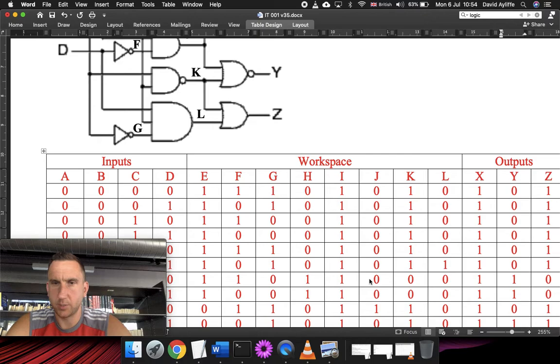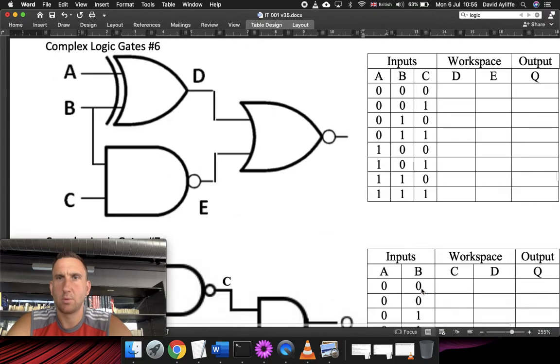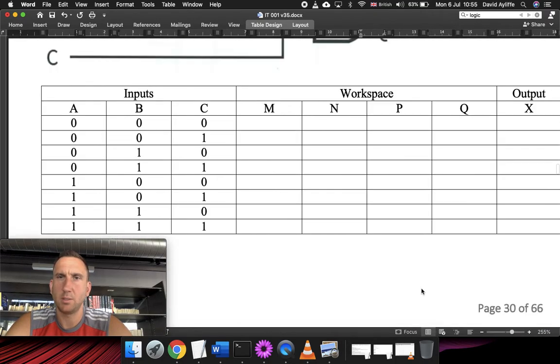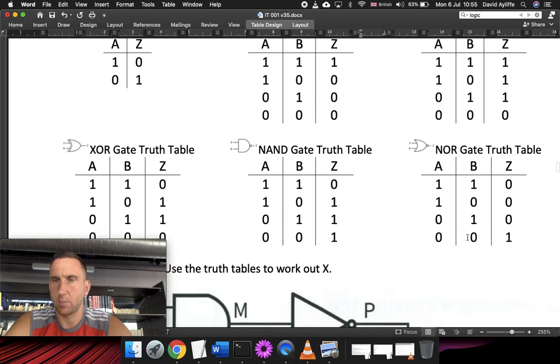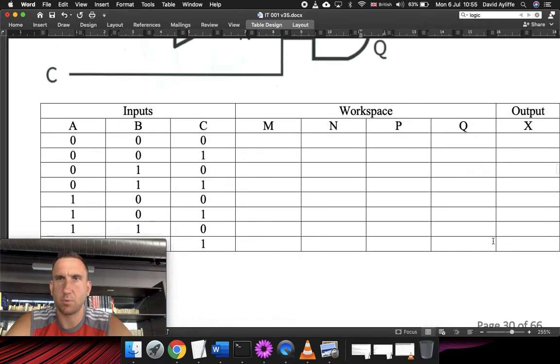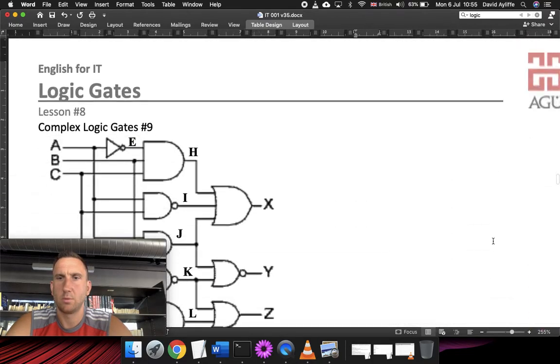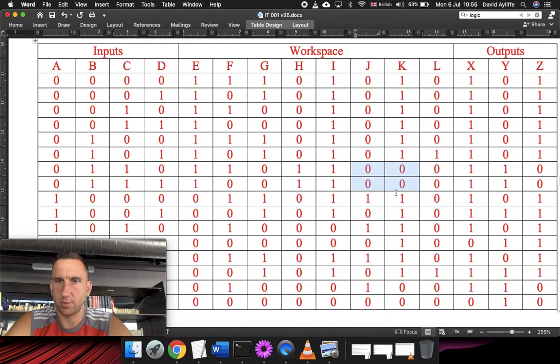So they both need to be negative to give positive output. Double check that. So it's a NOR gate. NOR gate. They both need to be negative to give positive output. Otherwise, these all need fixing. And here these are both negative, so we get positive output. Okay, right. Good spot.